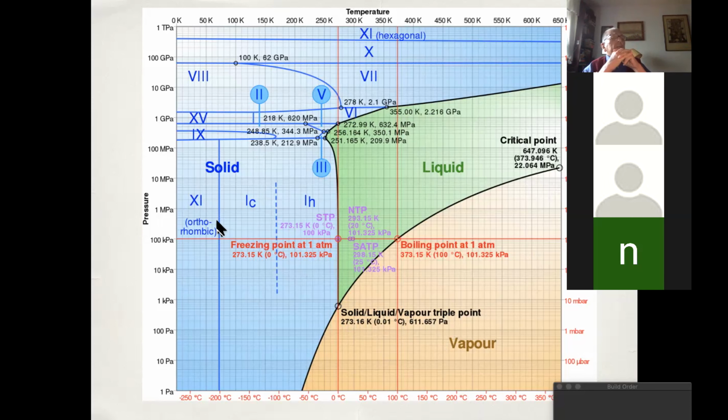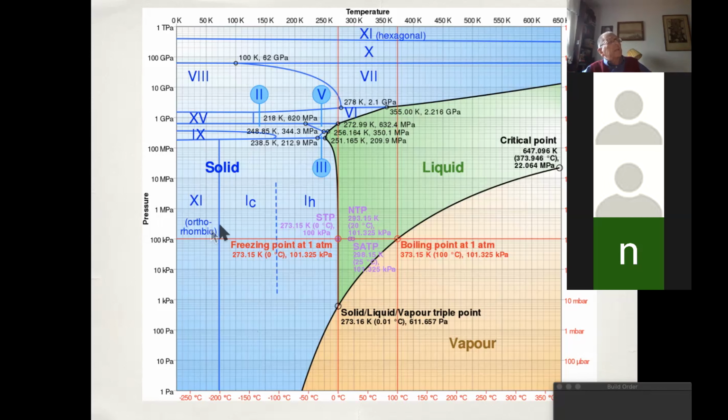So speaking about ice, we are speaking about one of the phases of ice, which is labeled 1H around here, but we have many more of them. And as you remember, there is one phase of ice which appears in Kurt Vonnegut's book Cat's Cradle, and we hopefully are not going to find that phase of ice soon.